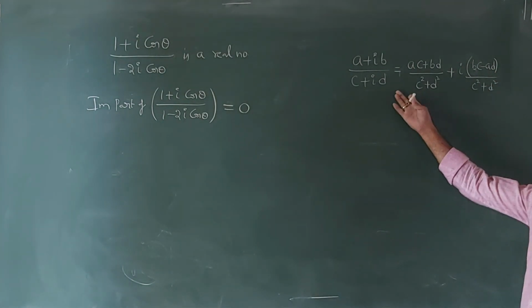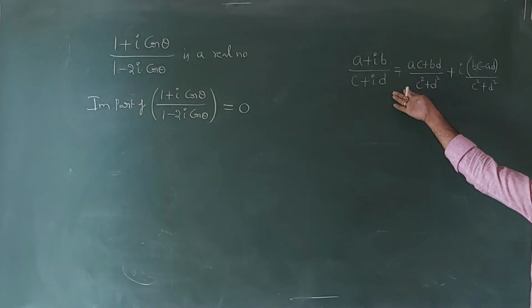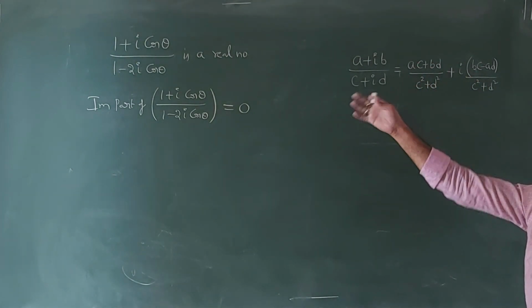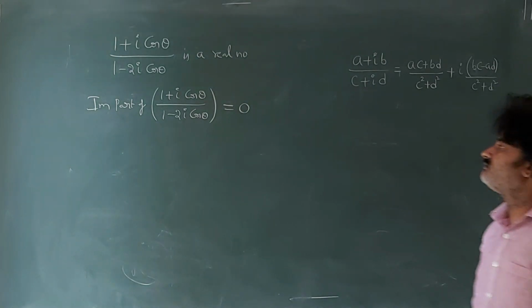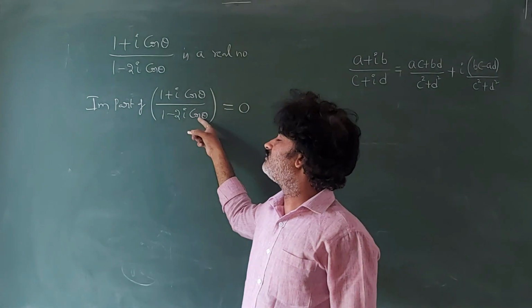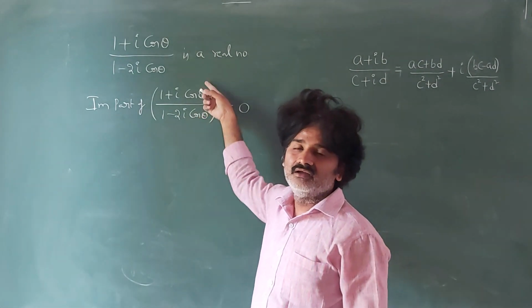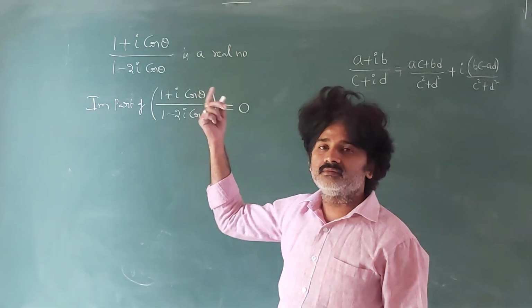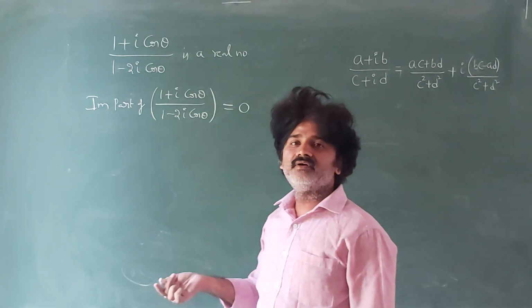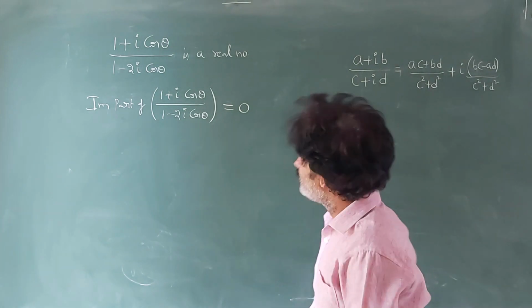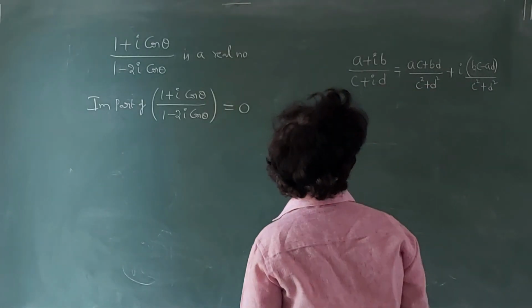So this is a little shortcut formula; if you remember it, we can write this faster. Otherwise, multiply and divide by the conjugate of 1 minus 2i cos theta, which is 1 plus 2i cos theta, simplify and find the imaginary part.